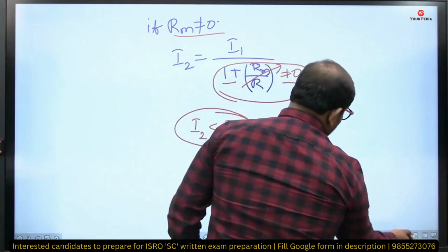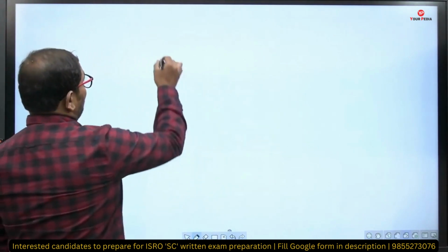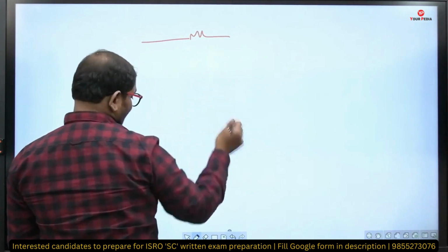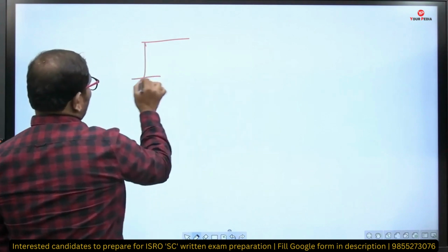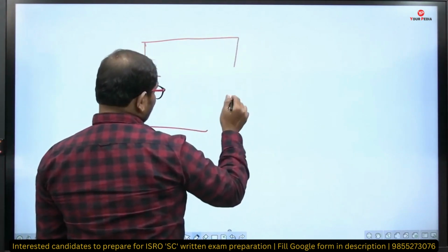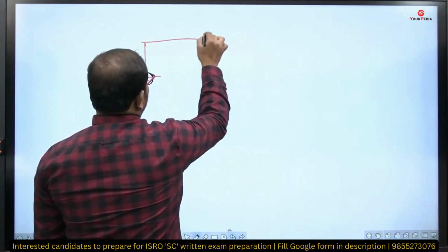See, we will discuss this same concept with the voltmeter also. Now we have a voltage source like this, and here we have two resistance values.